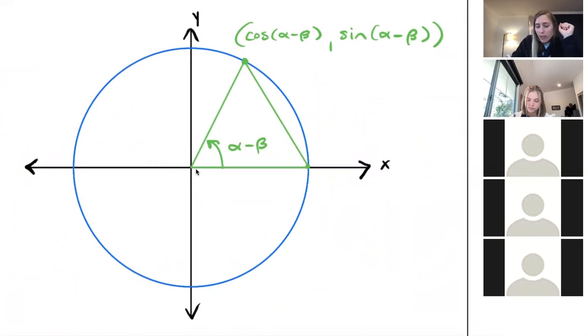We are in the unit circle still. So this point here is 1, 0. And then the point that corresponds to the angle alpha minus beta on the unit circle would be cosine of alpha minus beta, sine of alpha minus beta.